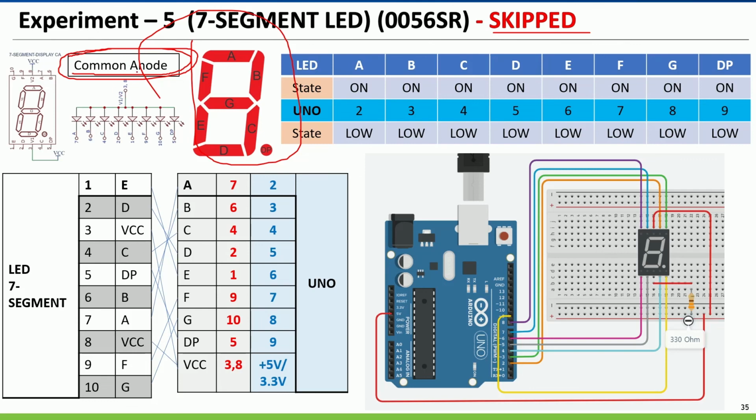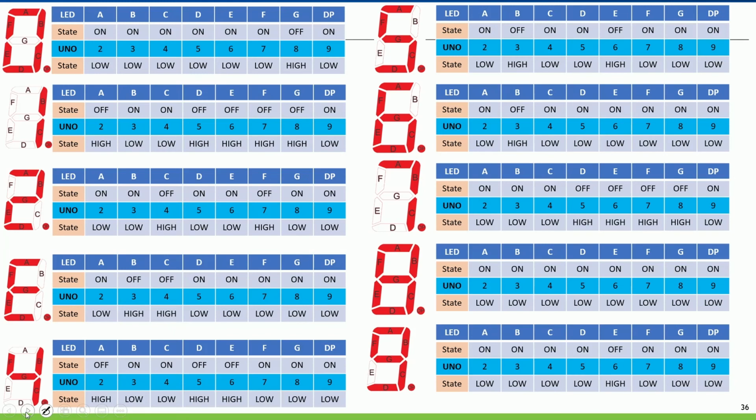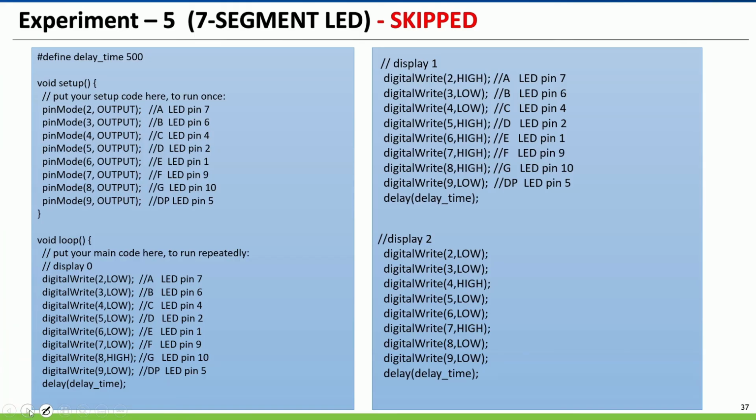This one uses anode, so this is the schematic for common anode. You can learn from this, setting high or low for the LED. And this one shows how you display a number by setting the register A, B, C, D, E, F, G.